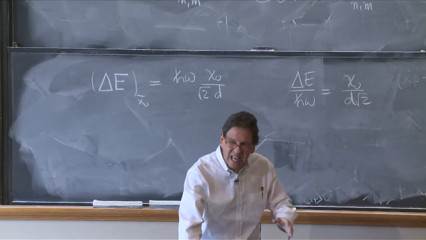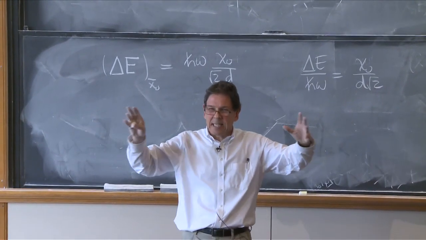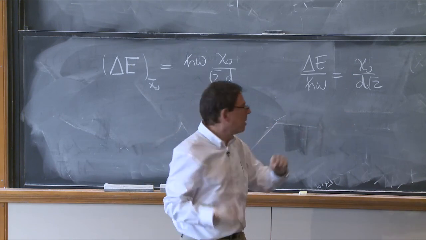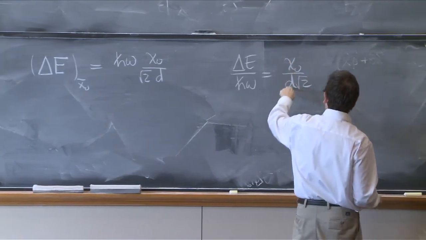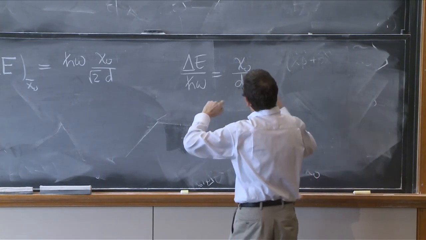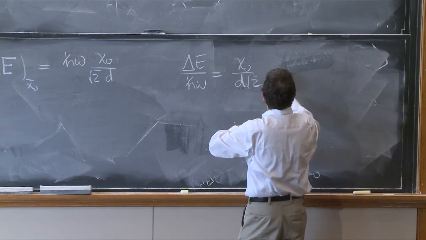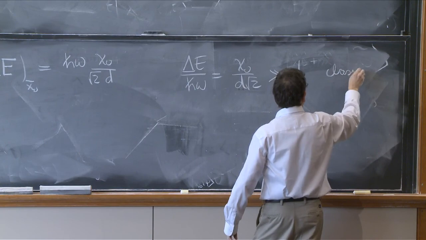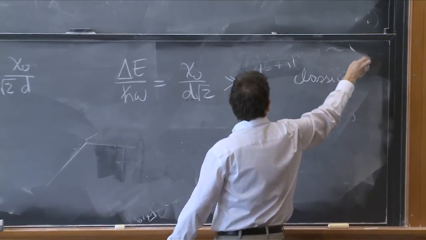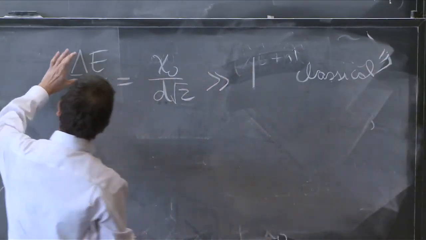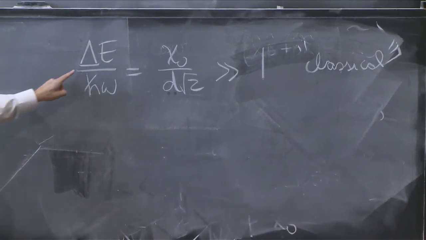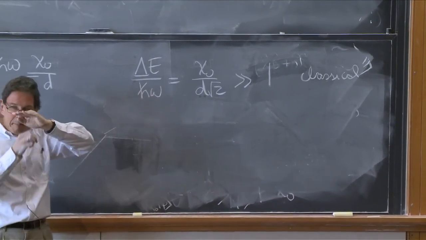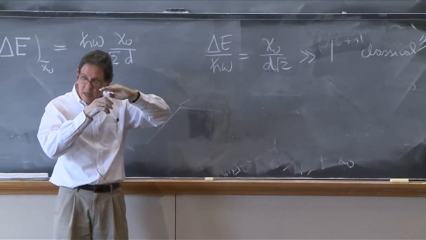So what is a classical looking coherent state? It's a state in which x naught is much bigger than the quantum d. So x naught much bigger than d. So in that case, this is a large number for a classical state. But in that case, the uncertainty in delta E is really big compared to the spacing of the harmonic oscillator.